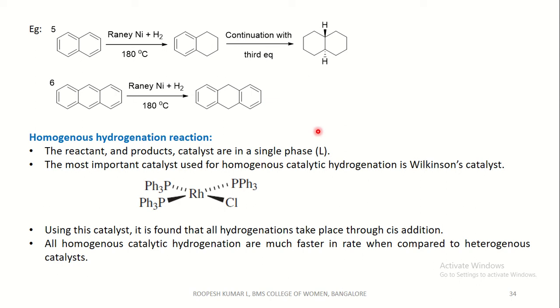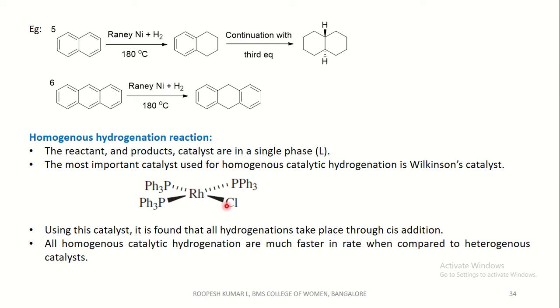Coming to homogeneous hydrogenation reaction, the reactant, the products and the catalyst are in a single phase, that is, in a liquid. The most important catalyst used for homogeneous catalytic hydrogenation is Wilkinson's catalyst. This is the structure of Wilkinson's catalyst, that is, tris-triphenylphosphine rhodium chloride.